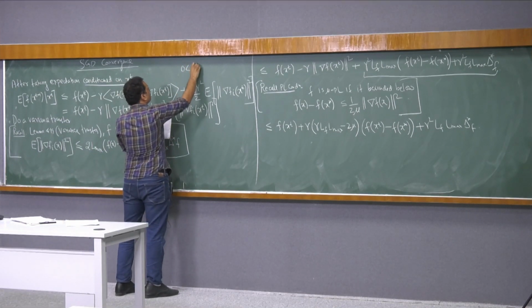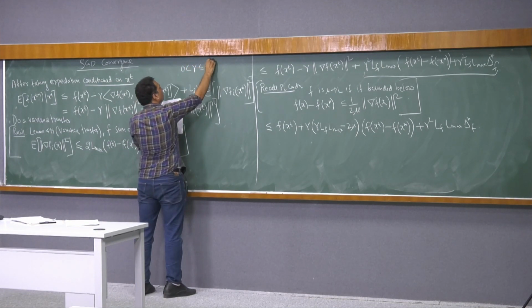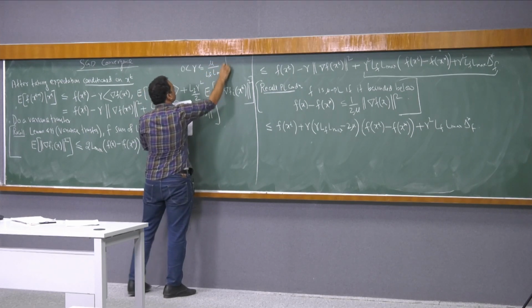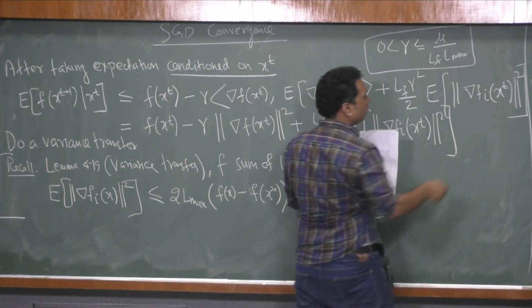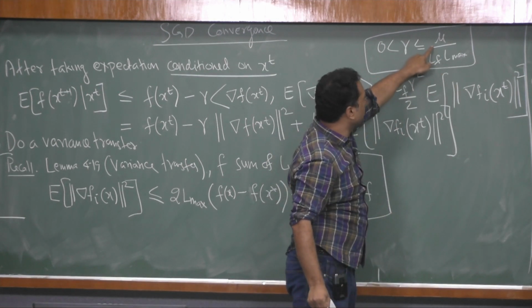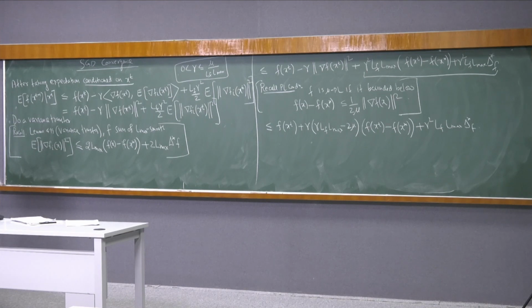So gamma LF L max is less than or equal to mu, so overall it will be minus mu. So that's less than or equal to mu, and then there is a minus 2 mu, so it will be minus mu, so minus gamma mu, right?